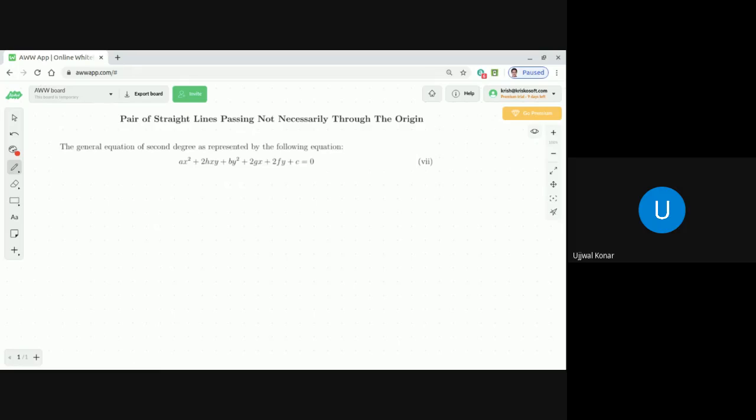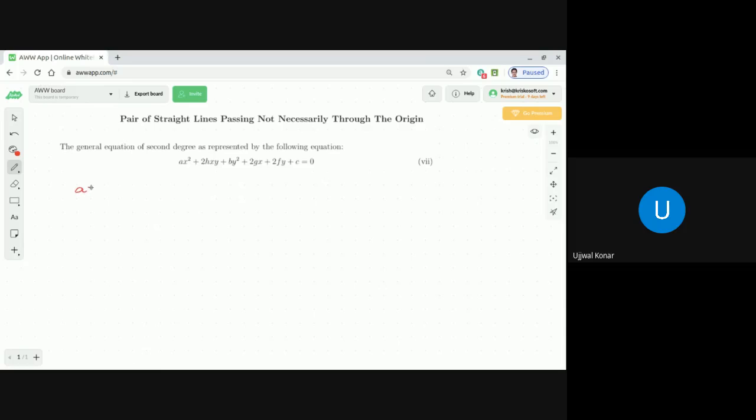Now, this general equation of second degree will represent a pair of straight lines if we can express the left hand side of the equation as resolved into two linear factors. That means we express the term ax square plus 2hxy plus by square plus 2gx plus 2fy plus c.